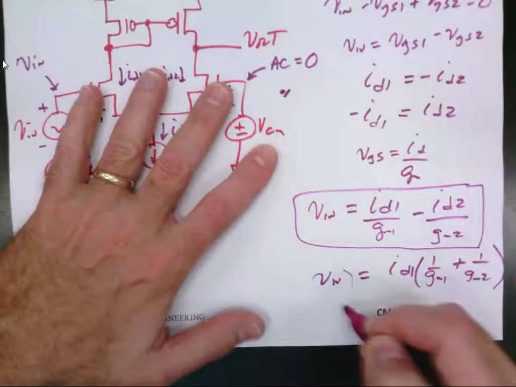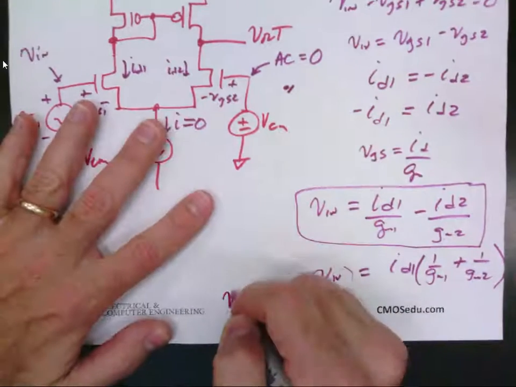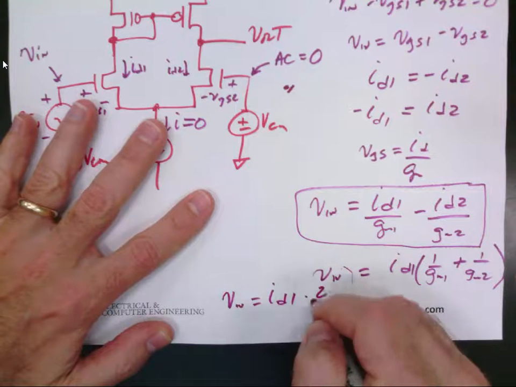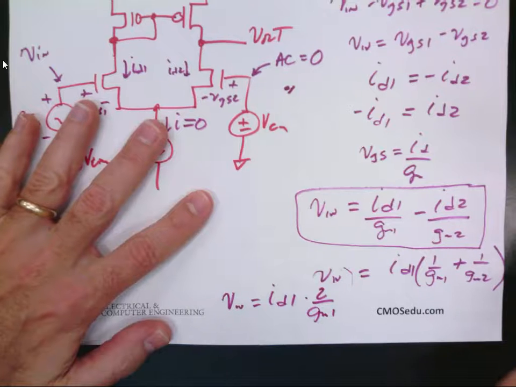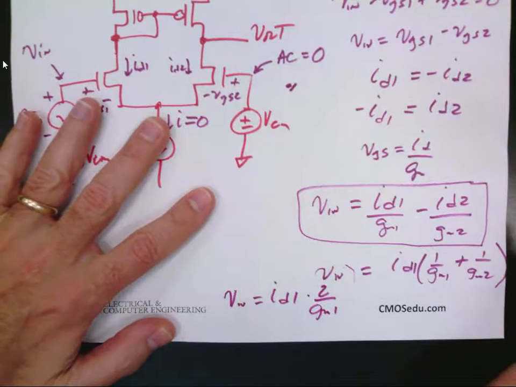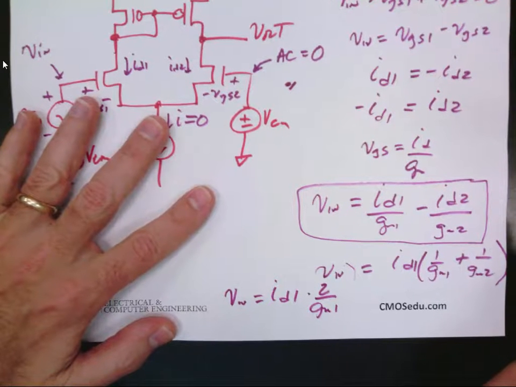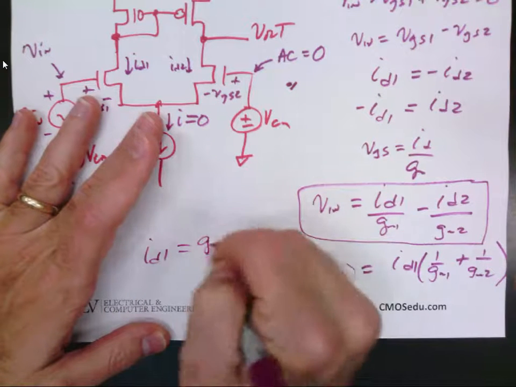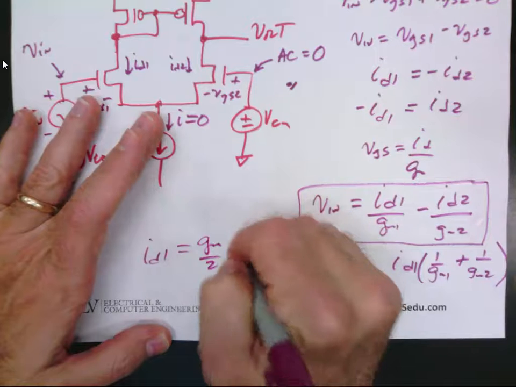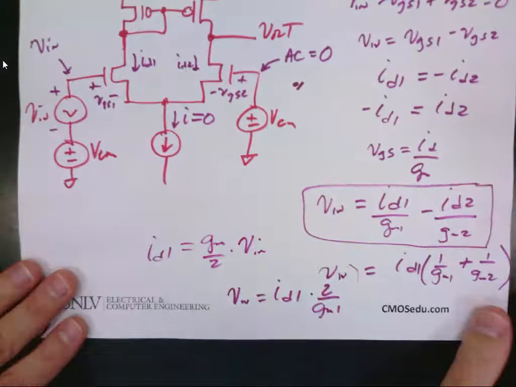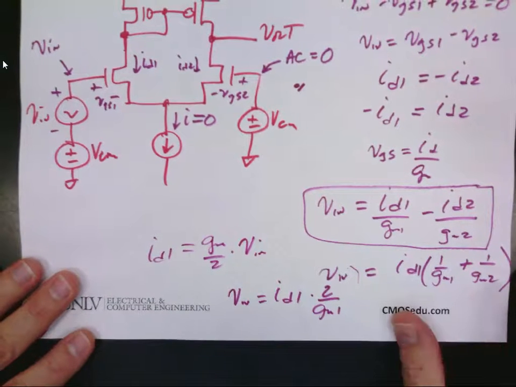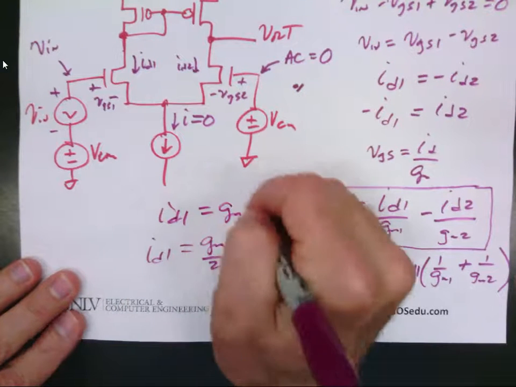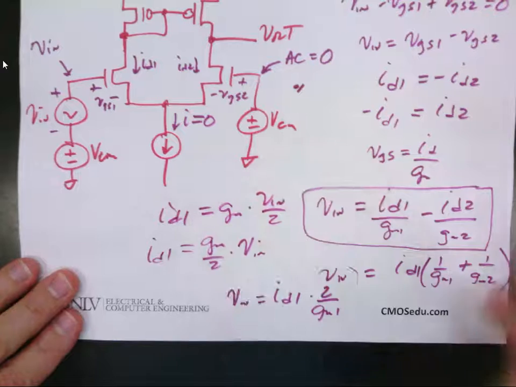So I can rewrite this as Vn equals ID1 times 2 over GM1. Or ID1 equals GM over 2 times Vn. Or ID1 equals GM times Vn over 2.